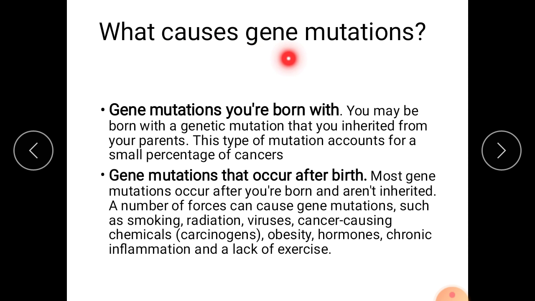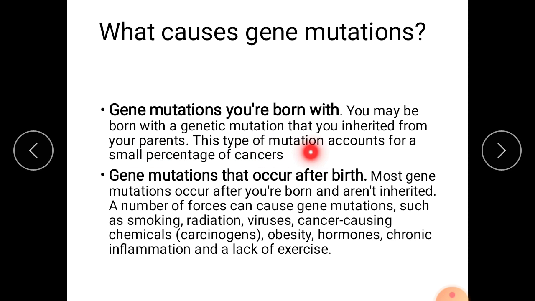So what causes gene mutations? Gene mutations you are born with. Persons may be born with a genetic mutation that they have inherited from their parents.